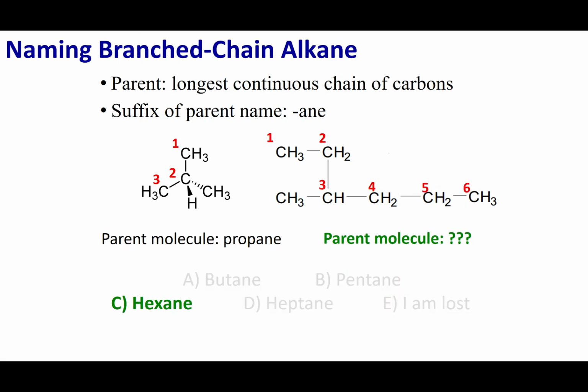In this case, the longest chain of carbons is, if you stop here, follow the carbon chain and take this bend and wrap around. If you do this, the longest chain of carbons you can make is 6 carbons, so "hex," and it's only made out of carbons and hydrogens, so hexane. That would be the parent molecule's name.